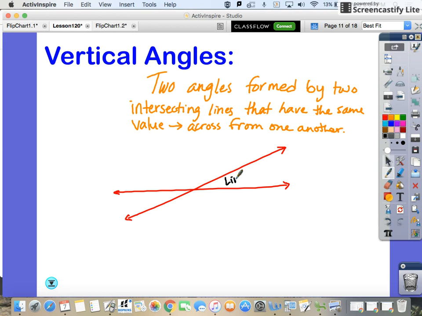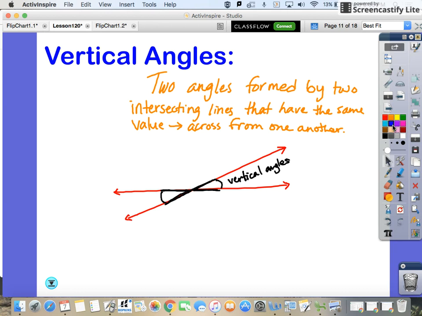This is a linear pair. Sorry, I'm sorry. This is a vertical angle. And this is a vertical angle. Those two are equal. They form a V, like a V that kind of bounces off of each other, and they're going to be the same size.